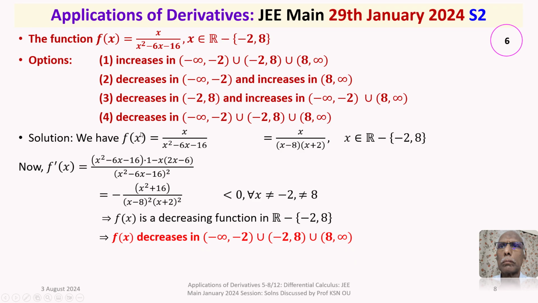So that is precisely there at option 4. Therefore the answer to this question is option 4, and that is the detailed discussion of this problem. It is a very simple, straightforward question. Questions of this type occur once in a while but not always. Let's now move to the next question.